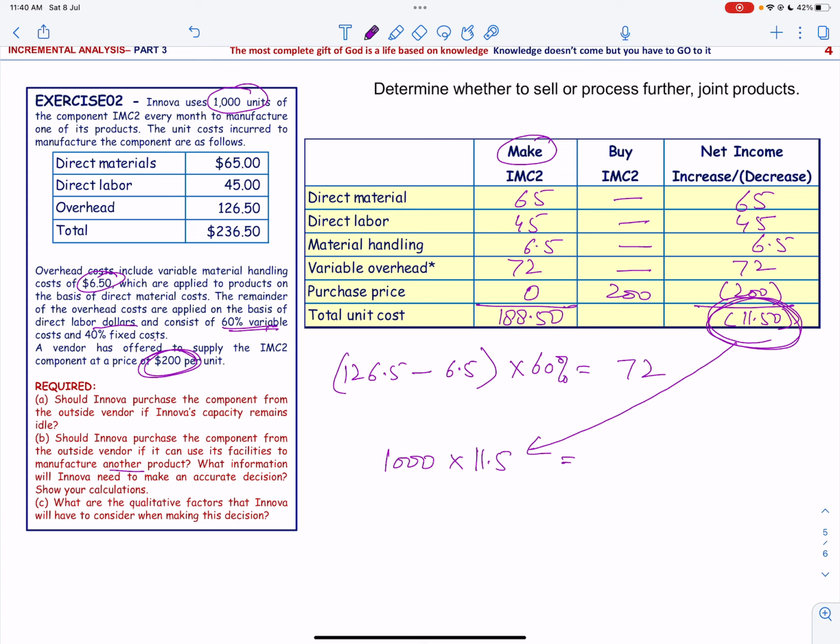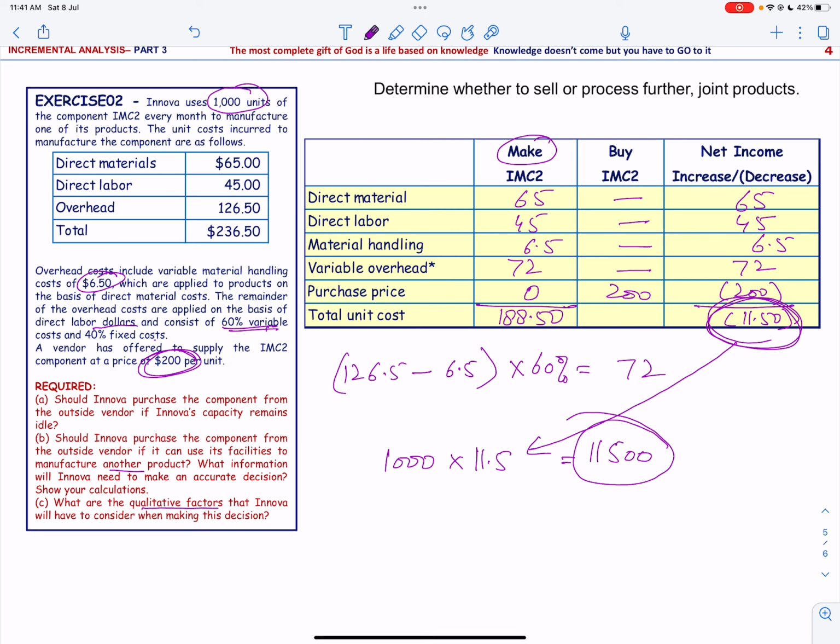This will be 1000 times 11.5, that is 11,500. So if they can use its facility to manufacture another product, then the company should increase their contribution margin by more than 11,500 through the manufacture of the other product before it would be economical for them to purchase IMC2 from the outside vendor. Then what are the qualitative factors that they should consider?